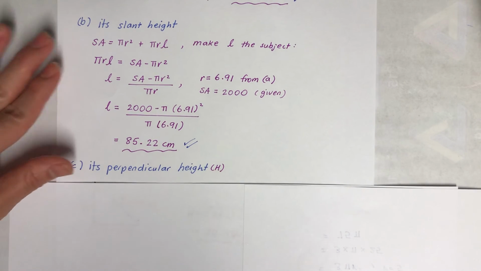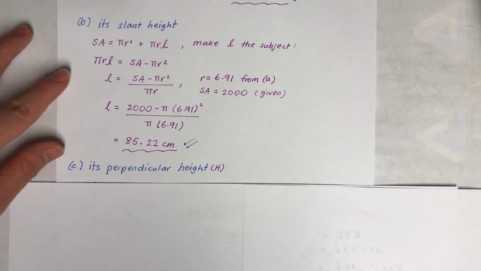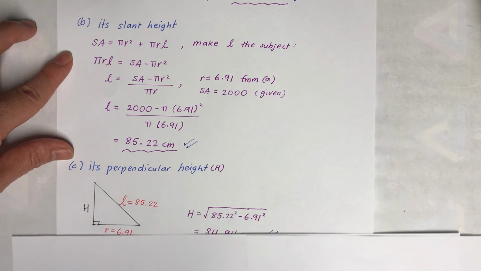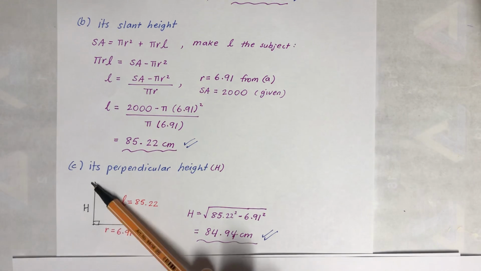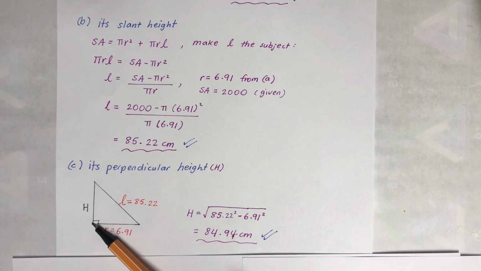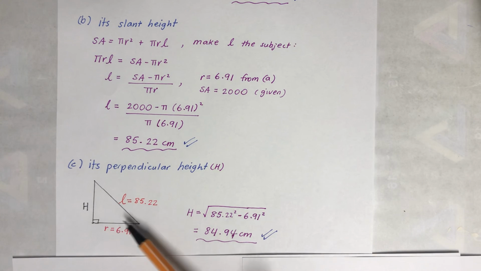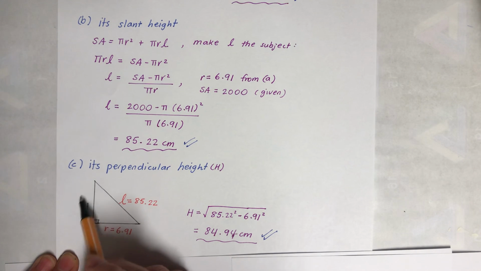Now the last part of this question: find its perpendicular height. I'm just going to call it capital H. Again, I'm going to draw my right angle triangle, imagining that that's my perpendicular height from the top apex to the base, which is the circle. And this is my radius, coming down.